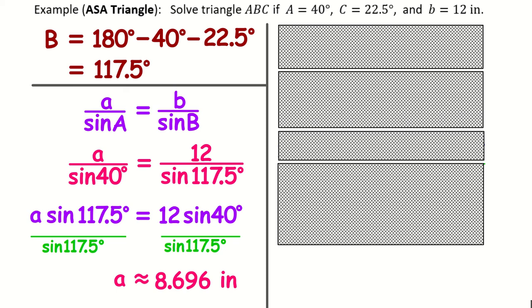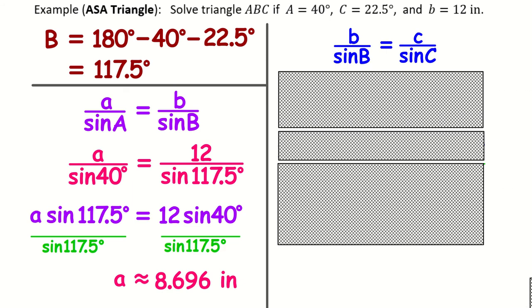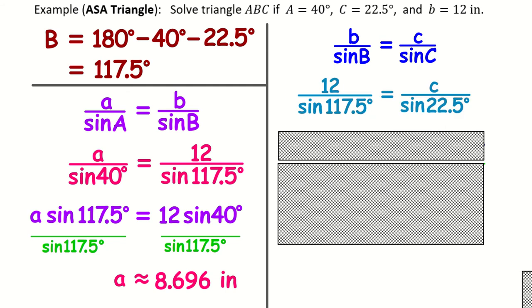So what's the next thing we've got to do? What's the only other thing left to solve for? Isn't it little c? And so let's set up a law of sines proportion. Again, notice how I'm picking the B fraction again, as well, along with the C fraction to go after little c.